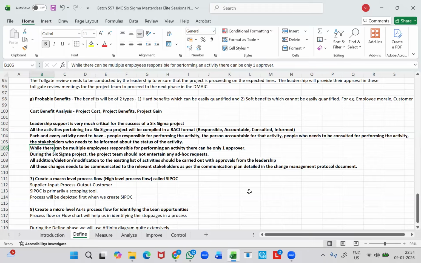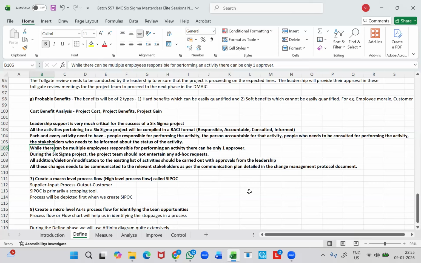So if you have multiple people who are held accountable for a particular activity, and if there is a question with regard to that particular activity not being completed on time, if you are going to ask the question to the first approver, he will put the blame on the second approver. And if you are going to ask the second approver, he will put the blame on the first approver. So the blame game will happen, right?